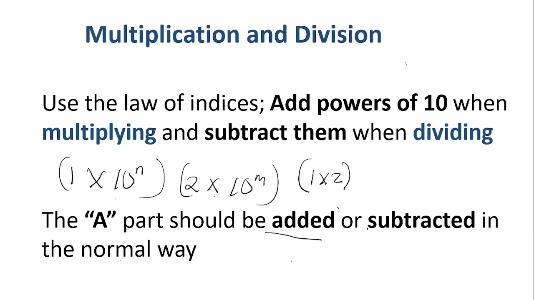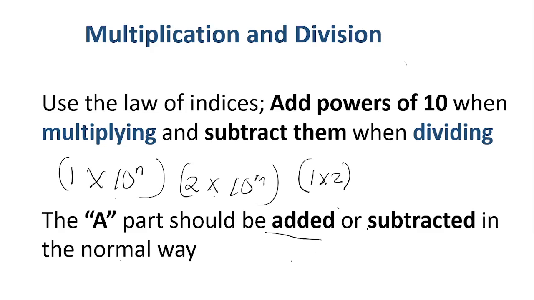Okay, so a times 10 to the power n times b times 10 to the power m is equal to a times b times 10 to the power n plus m.